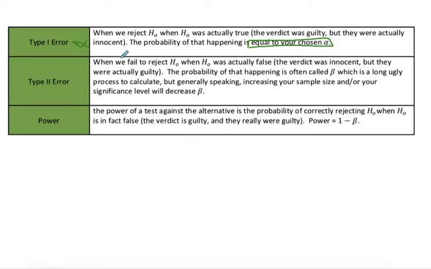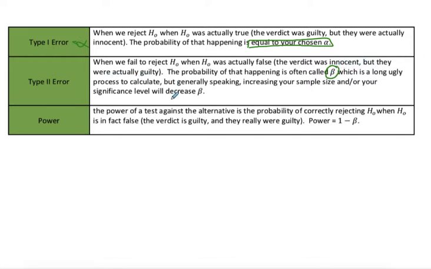A type 2 error is when we fail to reject the claim when the claim was actually false. So the verdict was innocent, but they were actually guilty. We let a guilty person go free. The probability of that happening is often called beta, which is a long, ugly process to calculate.